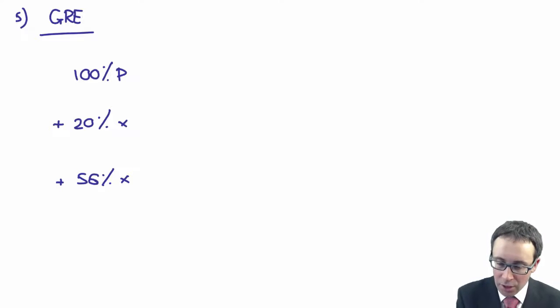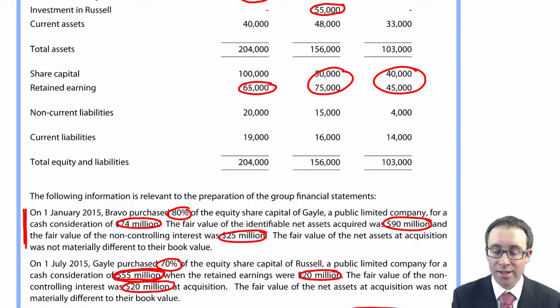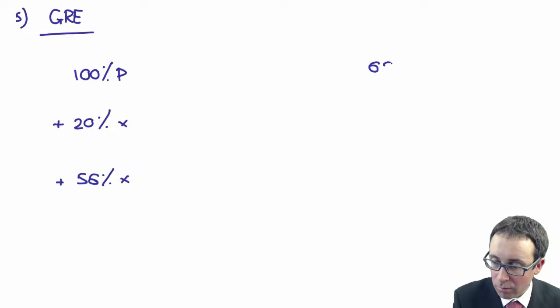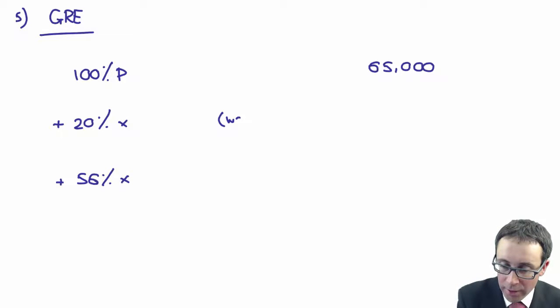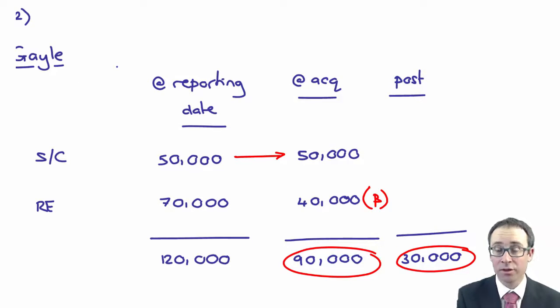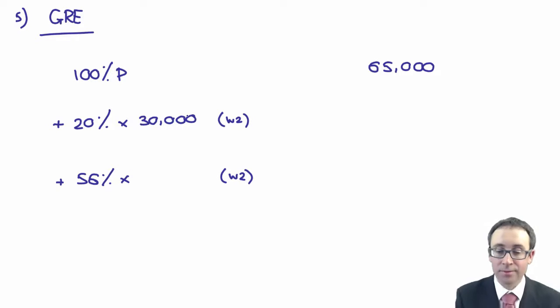So 100% of P retained earnings is 65. And then the post-acquisition profits, remember, always come from working 2. So for the sub, it was the 30. So 20% of 30,000.